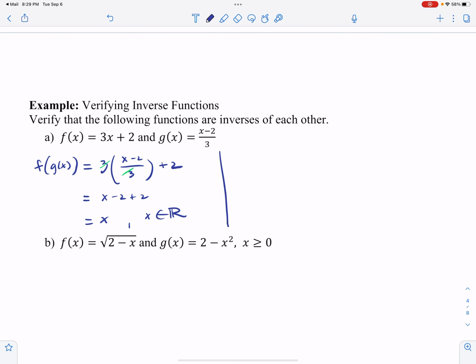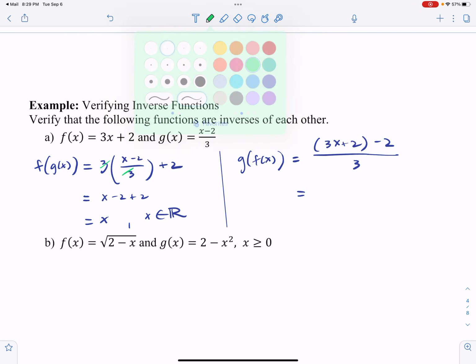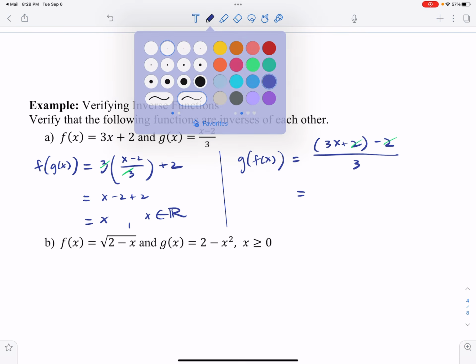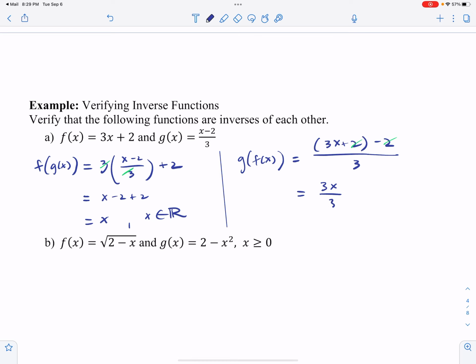Okay, and then let's also show g composed with f. It has to work both ways for them to be inverses. So that's g is the outside function, f is the inside. Okay, so I can drop those parentheses in the numerator and then the 2's would cancel. That leaves me with 3x over 3, and then the 3's can cancel to be x, and that's also true over all real numbers.